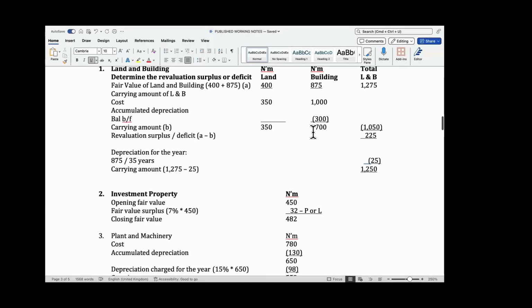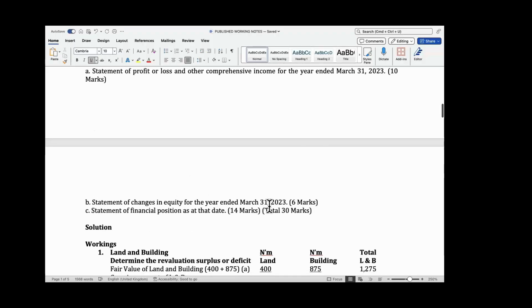Then the second thing they want us to do is statement of changes in equity.